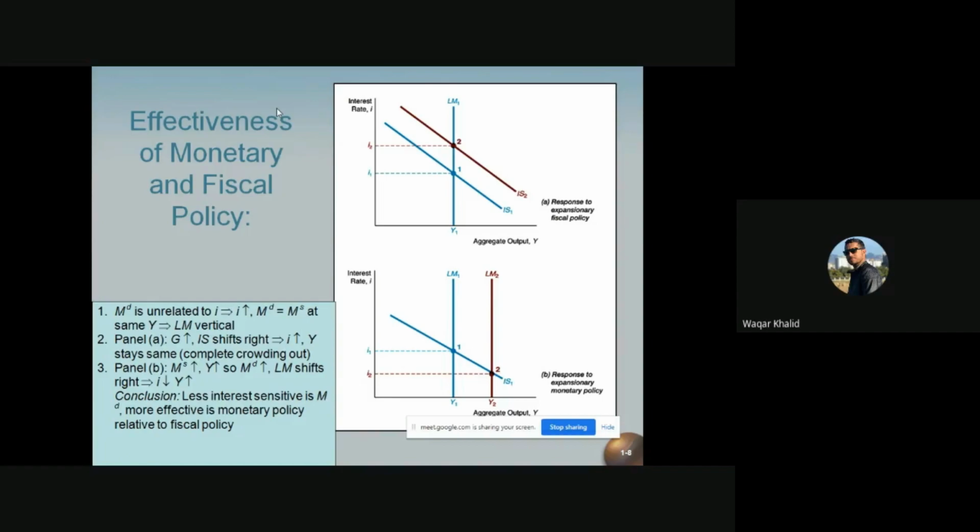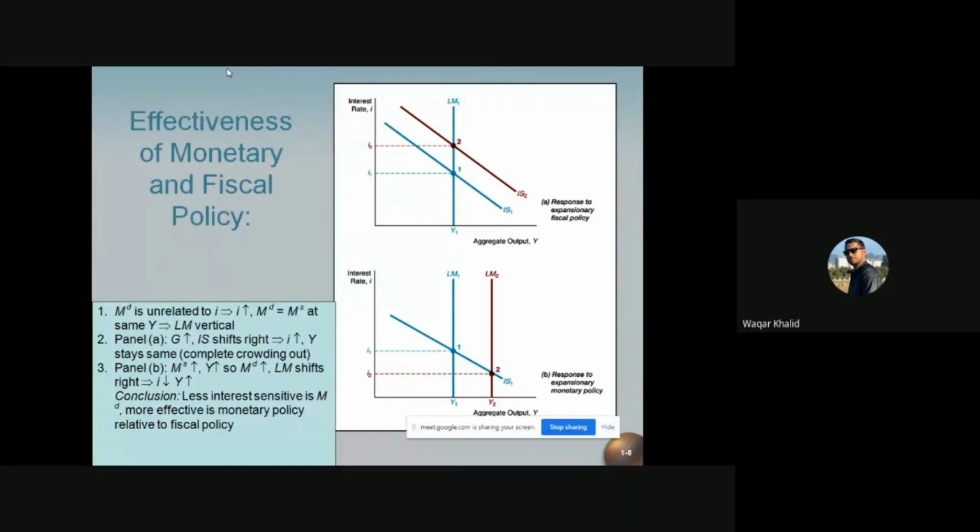Why has the investment expenditure decreased? Because of the rise in the interest rate. This situation in which expansionary fiscal policy doesn't lead to a rise in output is frequently known as the crowding out effect. Look, Y is constant. There is no change in the aggregate output level.